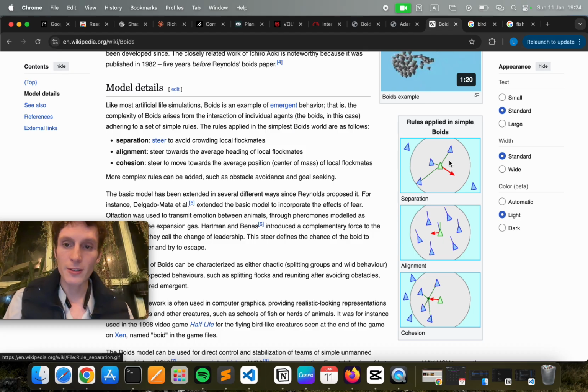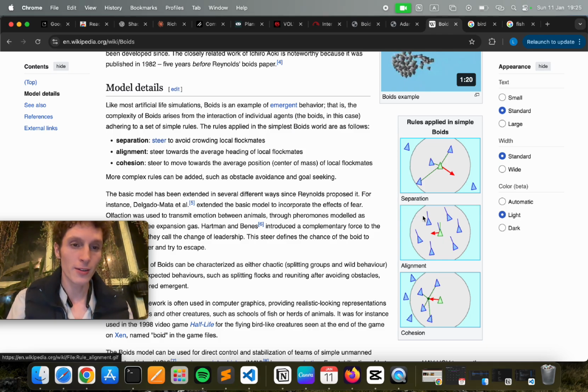And any other agent, any other triangle in that radius, it sees, and it knows the distance to it, and it also knows the direction of that other agent. And so knowing about these other agents in its visual radius, that observer can modify its movement according to these three rules.